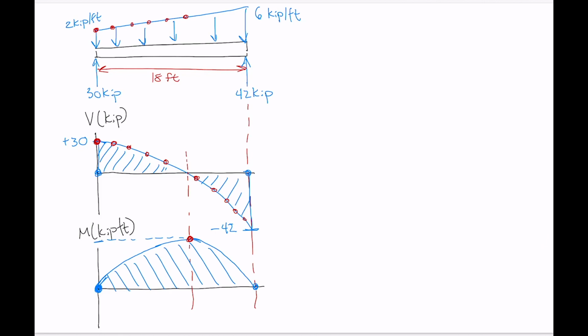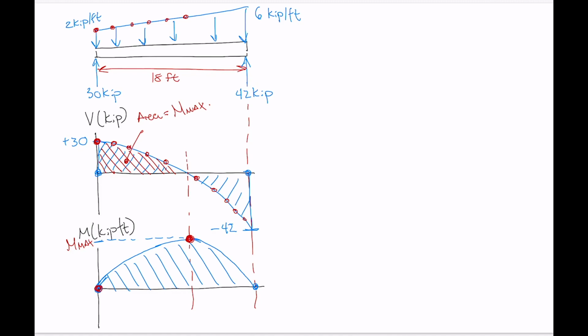Now, the value for that maximum moment, the change from the start to that maximum point there, is given by the area within the corresponding portion of the shear diagram, right? So this area here is equal to our maximum moment M max, where this is M max down here.